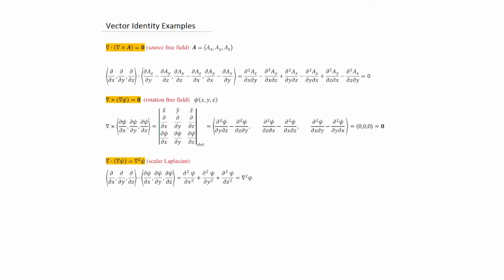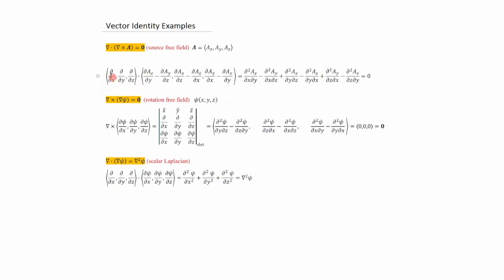All right, here's some more examples. So if you took the divergence of the curl of a vector field, you get 0. So this is an indication that you have a source-free field. This is an important identity. And so you can prove that. The divergence operator is this. The dot product is here, and the curl basically is what we had computed on the previous page.